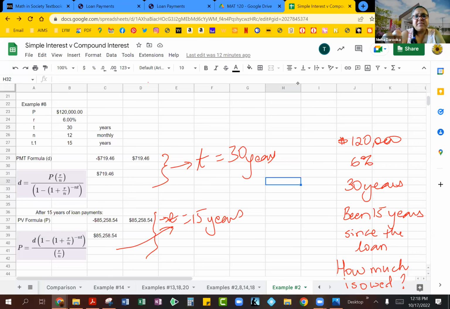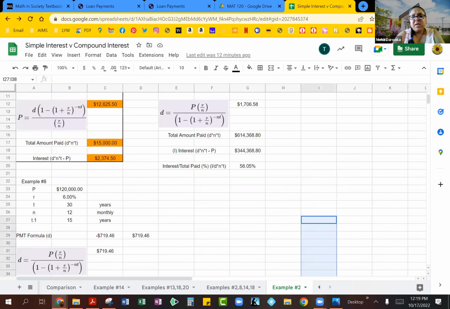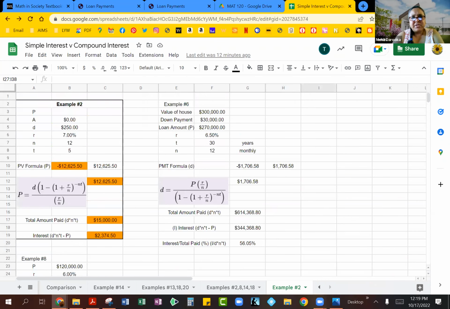Okay, let me just save this screen before I clear it out, so that's not in our way. So again, just to answer Sabrina's question, you are taking your D times N times T. So that's going to be your 17,068.58 times 12 times 30, which gives you the 614,368.80. Then from this 614, you subtract the 270,000, which you've already done.